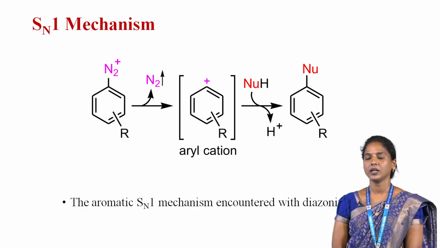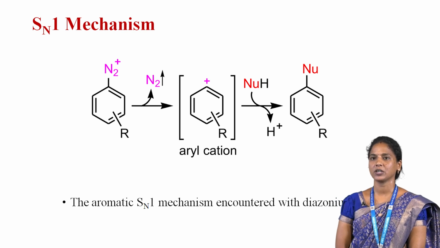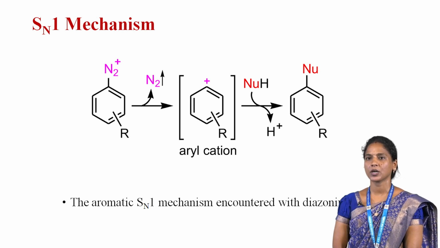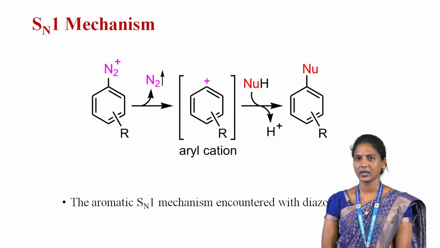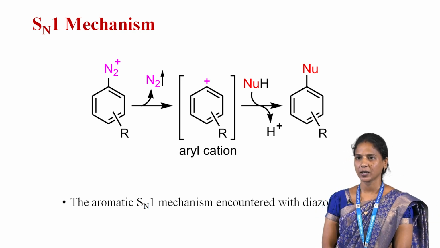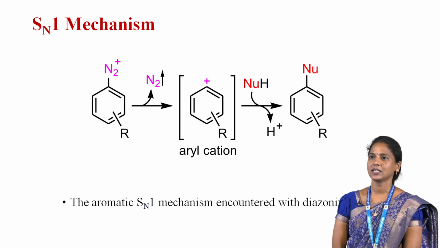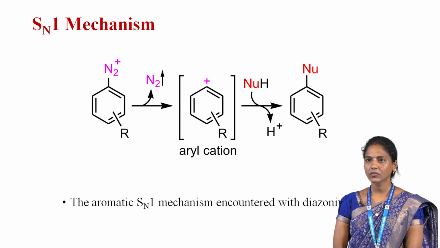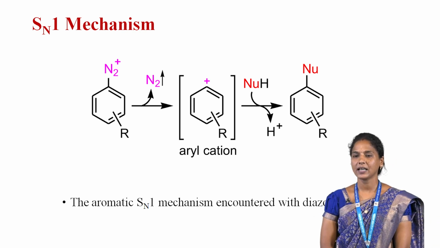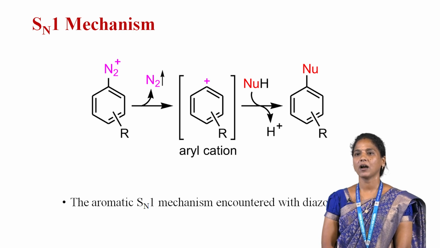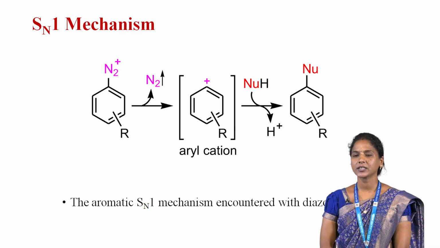Next one, the SN1 mechanism. This is also called the unimolecular nucleophilic substitution reaction, but here it is used for the substitution of only the aromatic, so it is called aromatic nucleophilic substitution. This is a very rare mechanism in aromatic compounds, and it is observed in benzene diazonium compounds. As you know, it is a two-step mechanism and the rate is independent of the nucleophile.